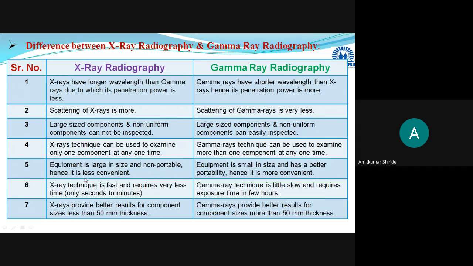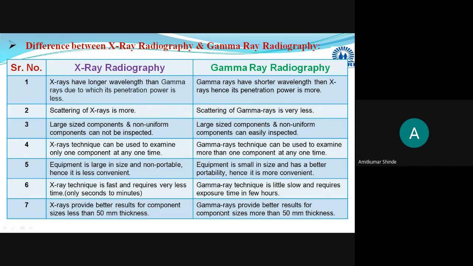So all these first 5 points are advantages for gamma ray radiography and disadvantages for X-ray radiography. And the last 2 points are advantages for X-ray radiography and disadvantages for gamma ray radiography.